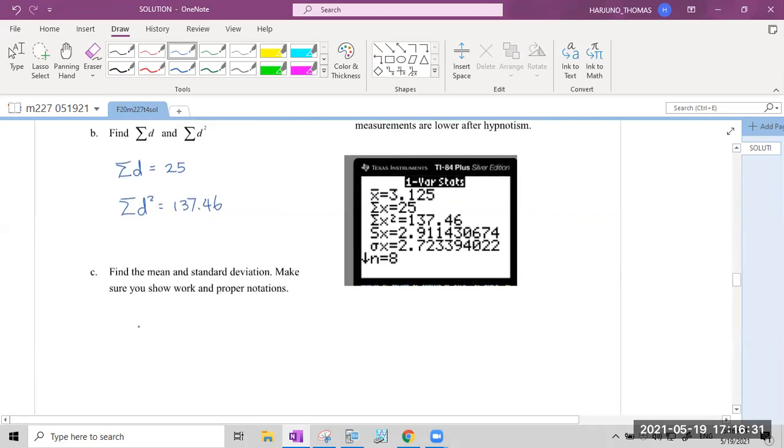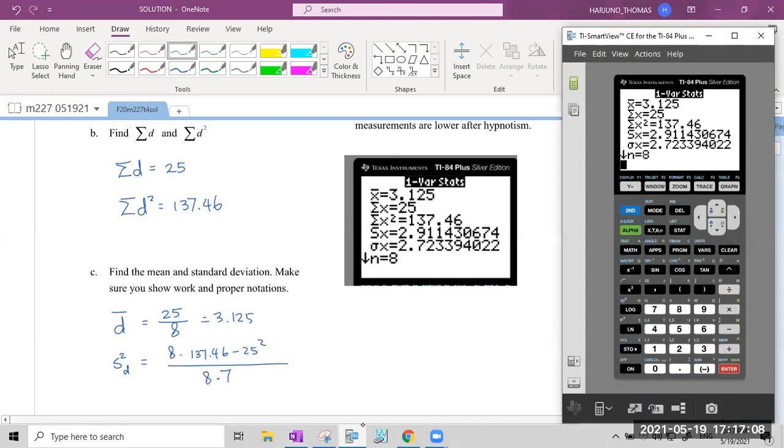Find the mean and standard deviation. The mean for differences is D bar, not X bar. D bar equals 25 over 8, that's 3.125. For the standard deviation, the sample variance of the differences will be 8 times 137.46 minus 25 squared, over 8 times 7.